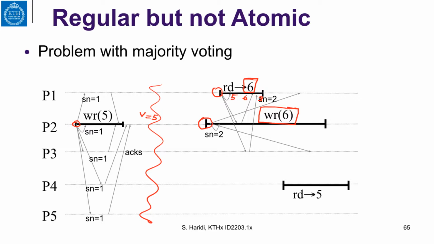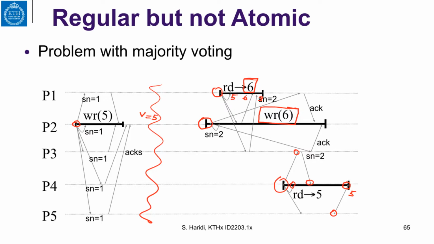Now the next event is the invocation of this read operation. So it starts the query phase, and it gets responses from itself with the value of 5, a response from P3 with the value of 5, and a response from P5 with the value of 5.